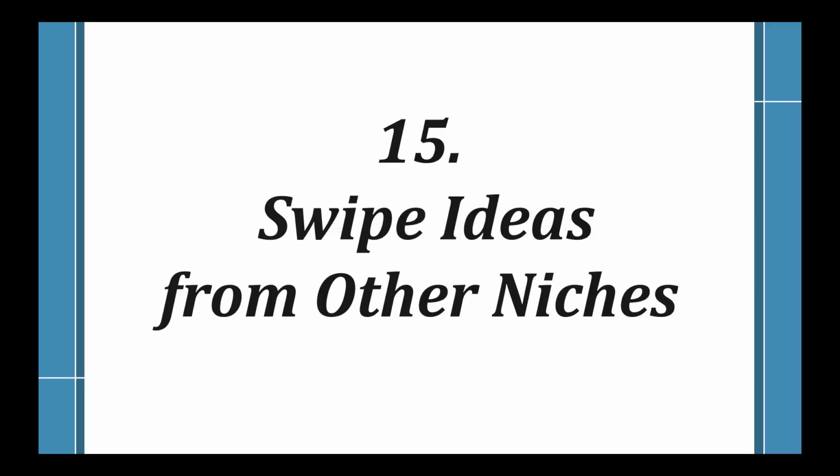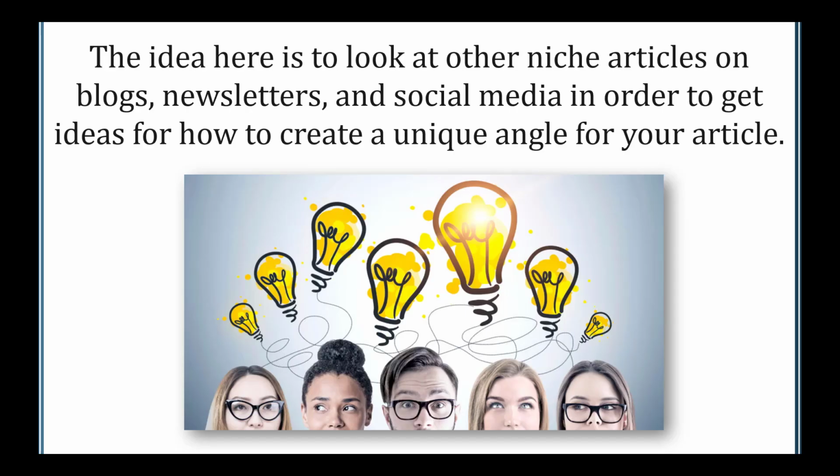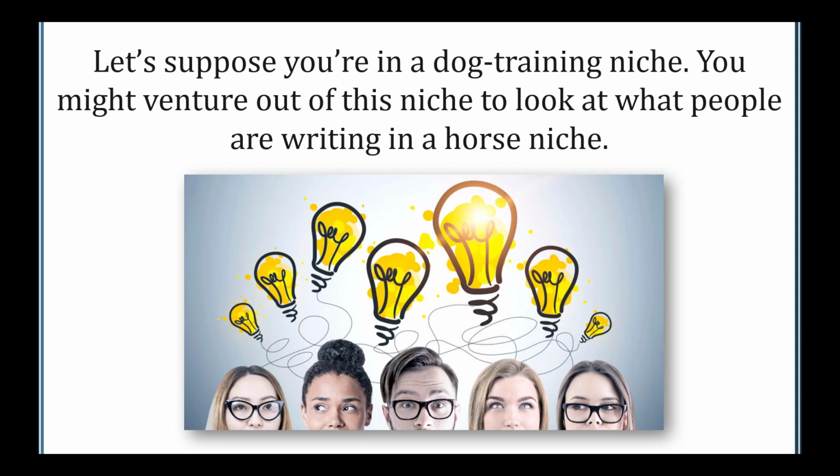Number 15, swipe ideas from other niches. The idea here is to look at other niche articles on blogs, newsletters, and social media in order to get ideas for how to create a unique angle for your article. Now, let's suppose you are in a dog training niche.